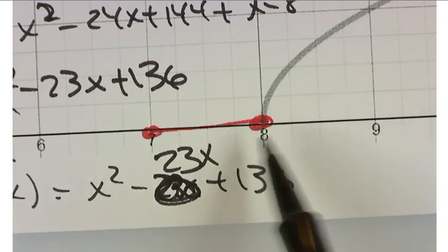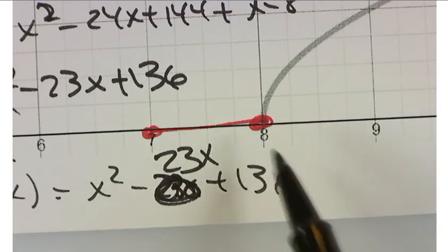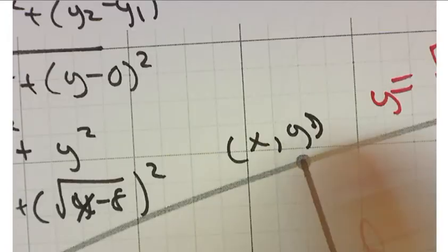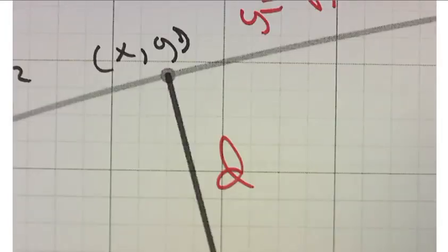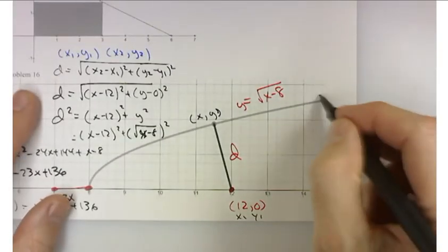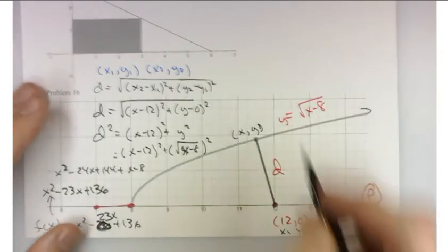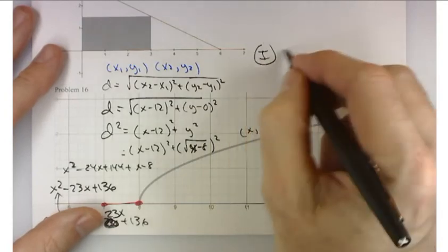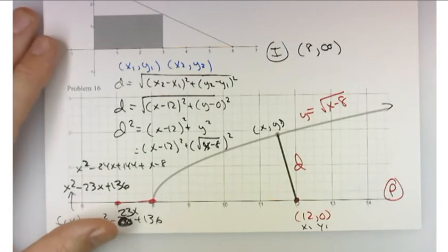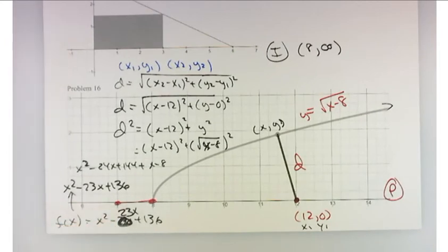Otherwise, you're not talking about a point on the curve. 8 to what? 8 to infinity, although it's very unlikely it's going to be a point way out at infinity. So, yeah, x has to be somewhere in the interval of 8 to infinity. So let's try and minimize that one then.